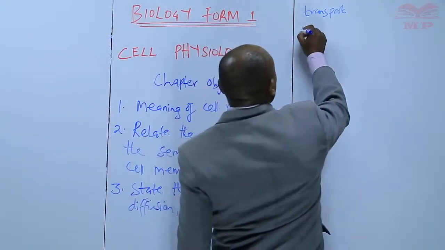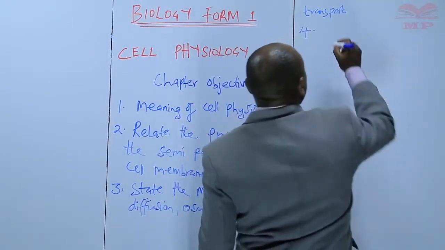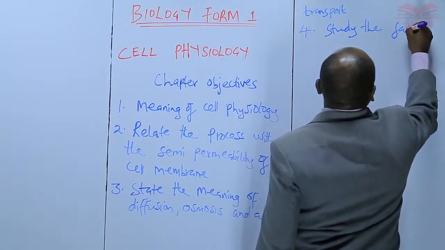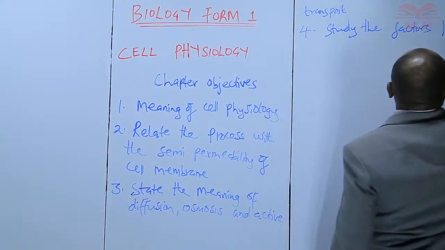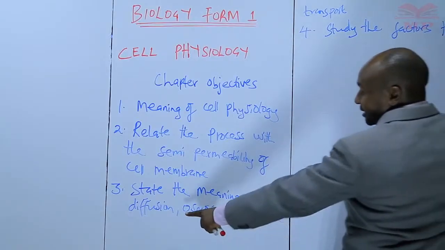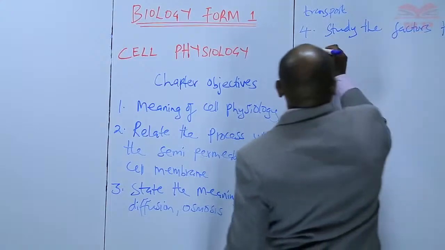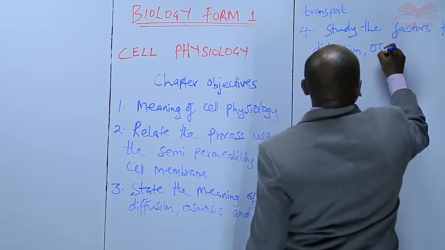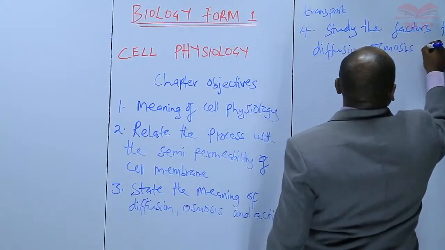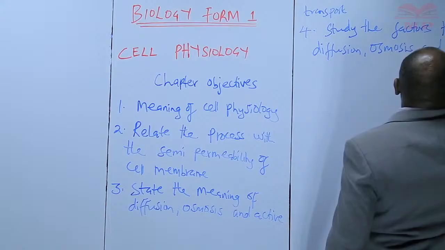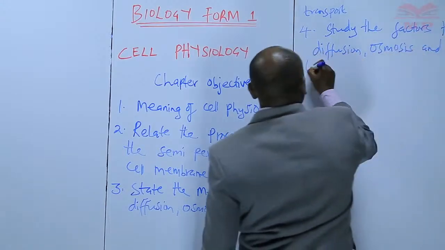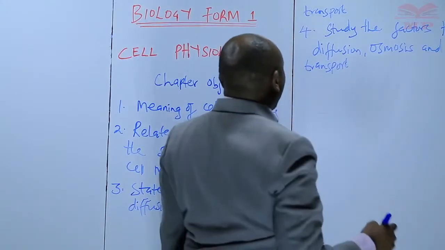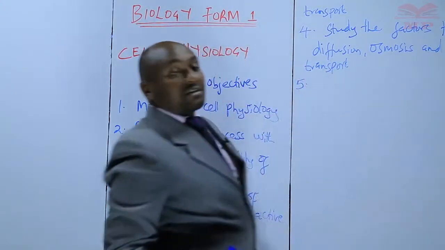Objective number 4, we'll be able to study the factors that affect these 3 processes, the factors that affect diffusion, osmosis, and active transport. So that is objective number 4. Then we go to objective number 5.